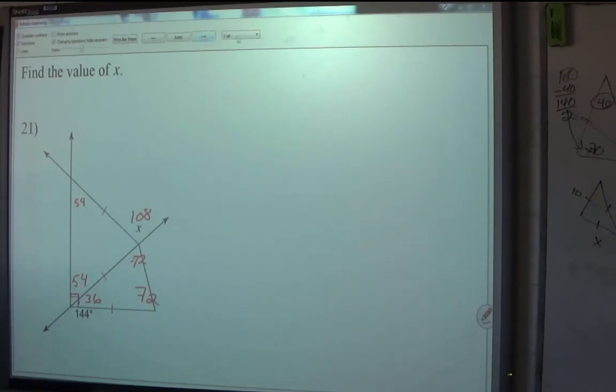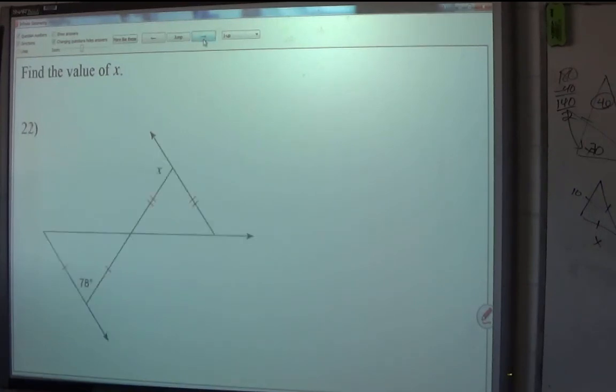All right, look at this one. See if you can get this one right, and we'll do something different. Find x. You have to do multiple steps, and use multiple theorems, in order to get there.